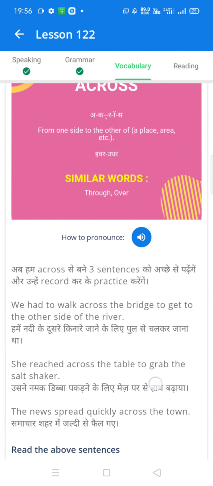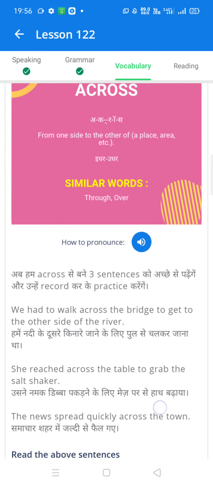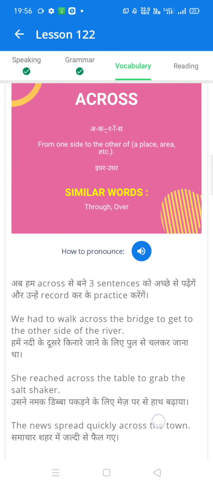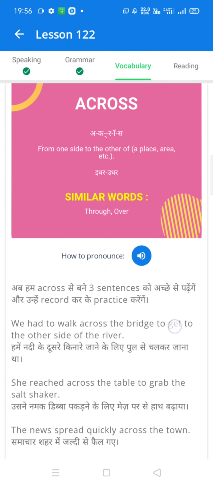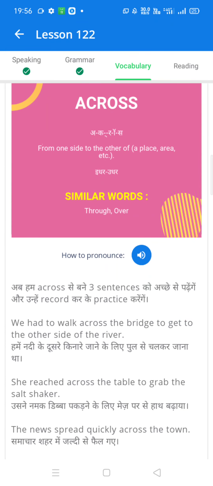Again, you read just three words and meanings. Just read it.